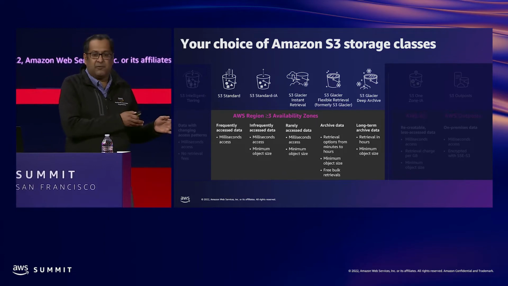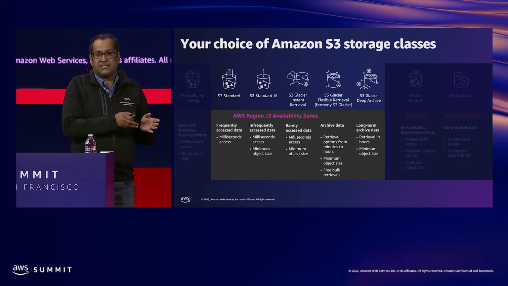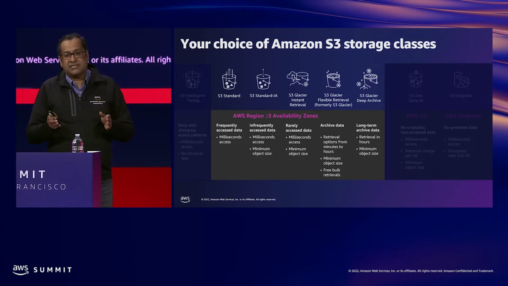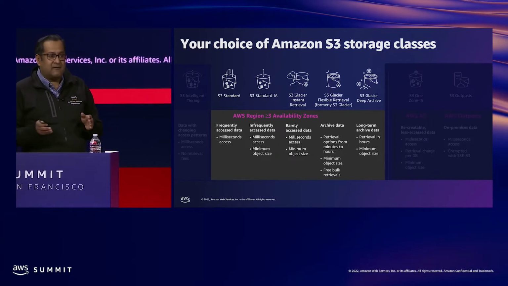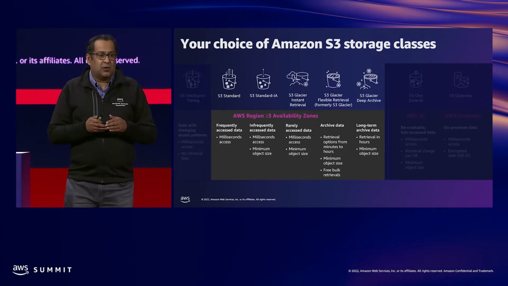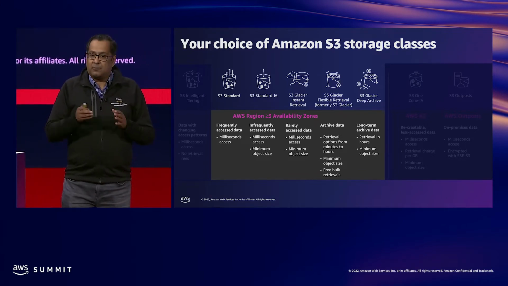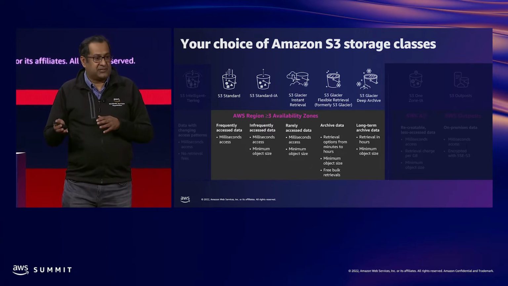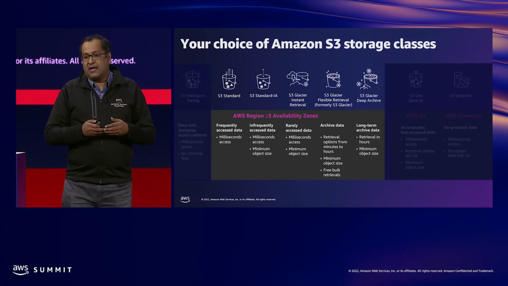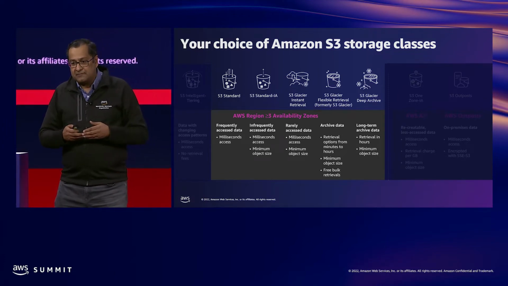This is different from the previous ones where I said the access was milliseconds. With Glacier Flexible Retrieval, the access is minutes to hours. And then you have Glacier Deep Archive, which, as I mentioned, is the lowest cost in the cloud, but that would give you access to your data in hours. So if you don't need your data right away and you need to store it for a long time, then we would encourage you to think about S3 Glacier Flexible Retrieval and S3 Glacier Deep Archive.